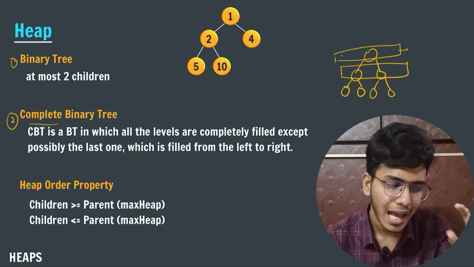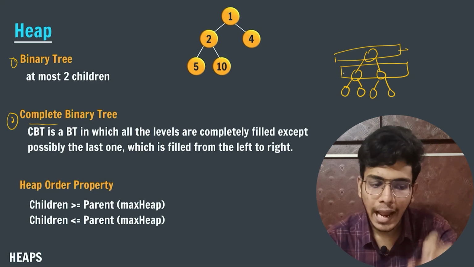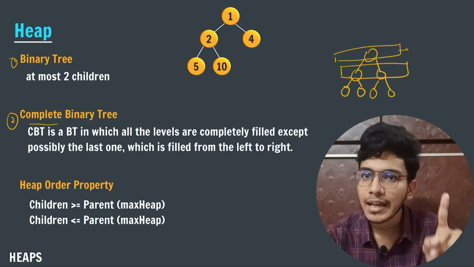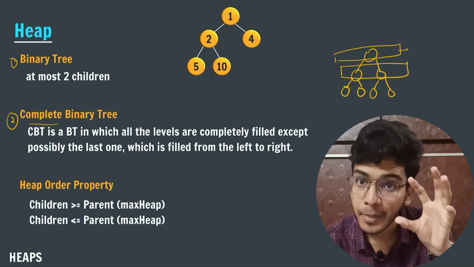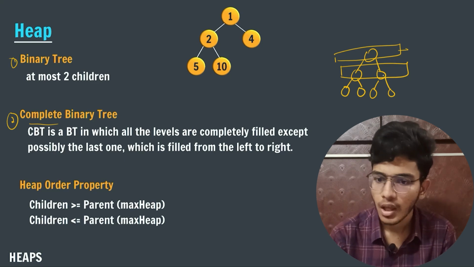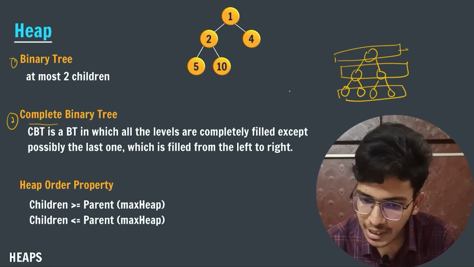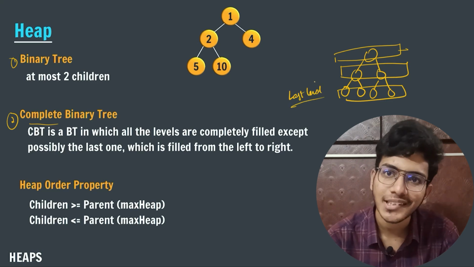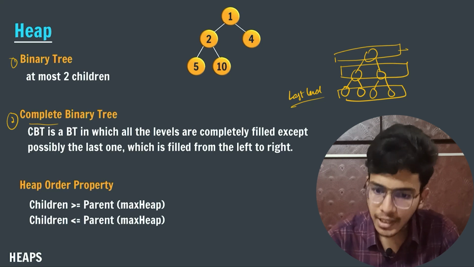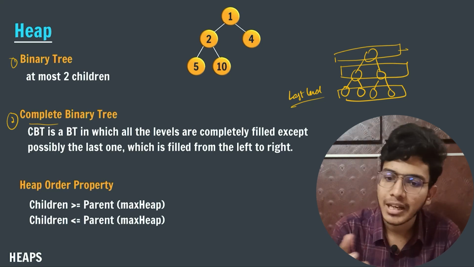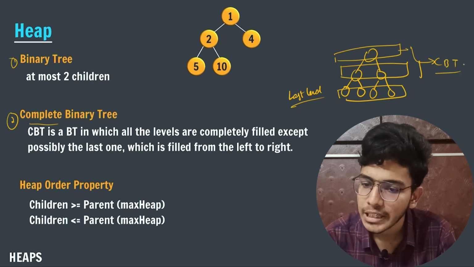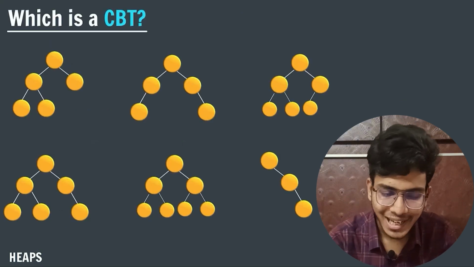If it does not have two children, and at the same time it is not the last level, then it is not said to be a complete binary tree. And similarly, this is the last level, right? In the last level, it doesn't have to be completely filled, but it should get filled from left to right. So this structure is said to be a complete binary tree. Now let us take examples.